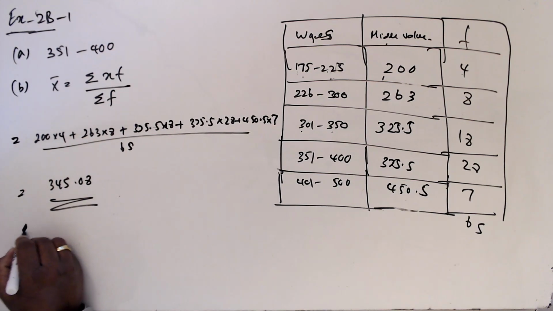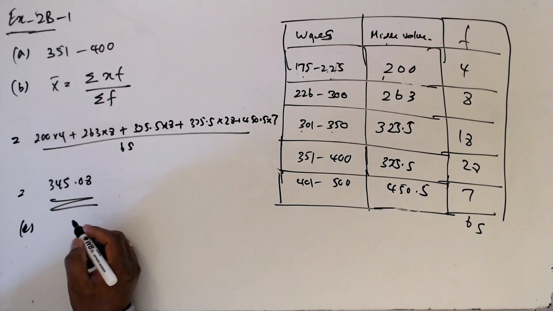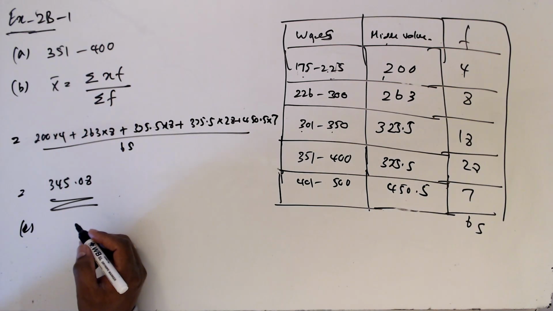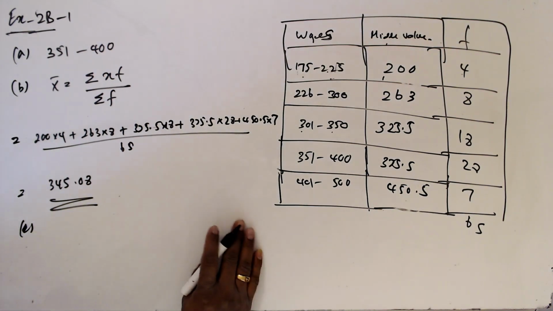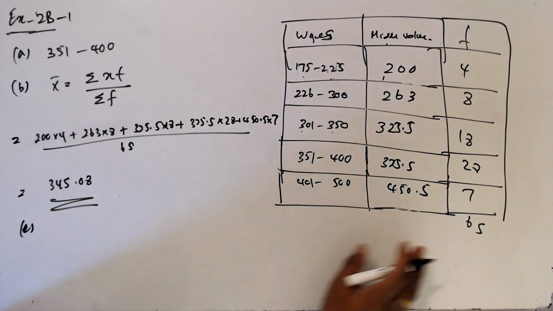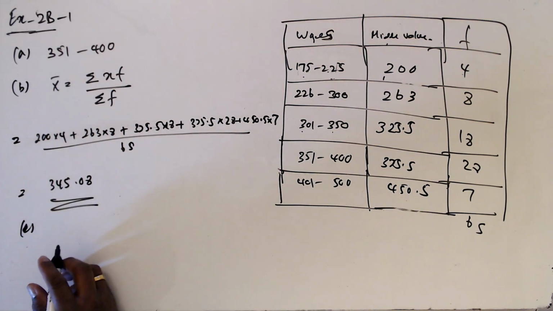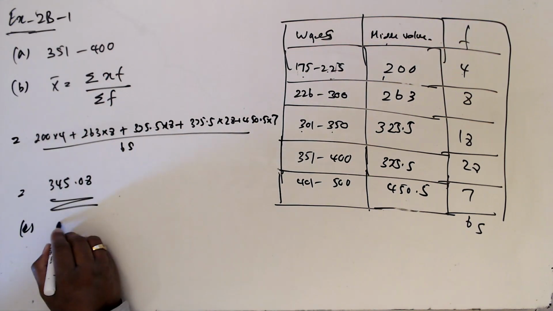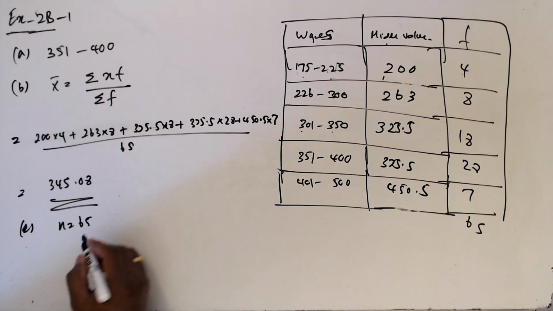Now the C, write down the interval containing the median. Okay, what is the interval? There are 65 numbers. So n equals 65.